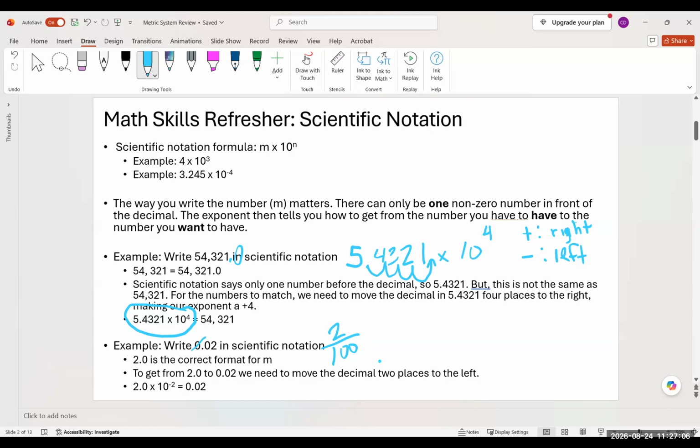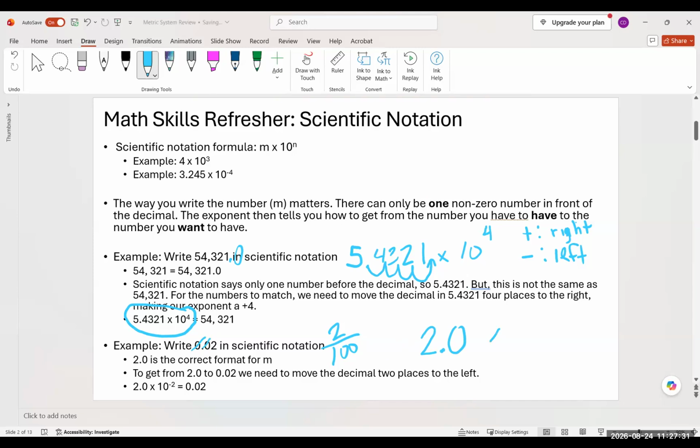We can't use that because that's a 0. Can't use that, it's a 0. So 2 is going to be our first non-zero number. We plant our decimal because it has to be there. And you'll notice there's nothing else after the 2, so we're just going to go ahead and write a 0 there. When I'm teaching, I like to write 2.0. You do not have to. You could just put a 2 there.